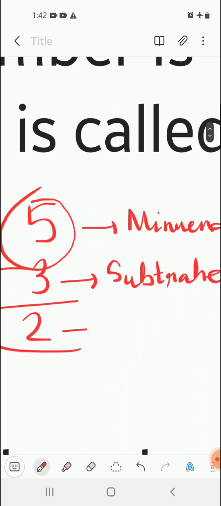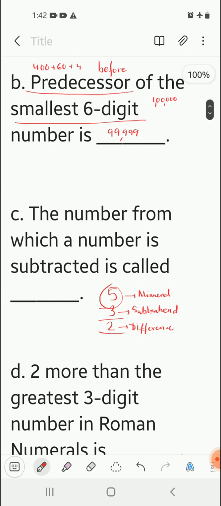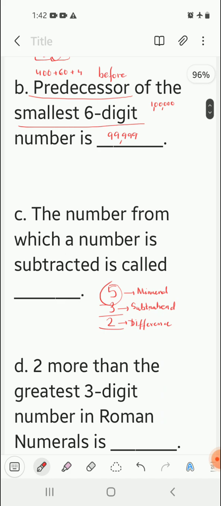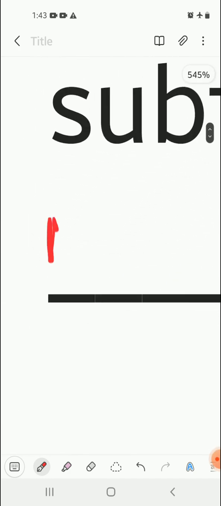And after subtraction, the answer we get is known as the difference. Therefore, the number from which a number is subtracted is called minuend, this one. So we're going to write it over here.